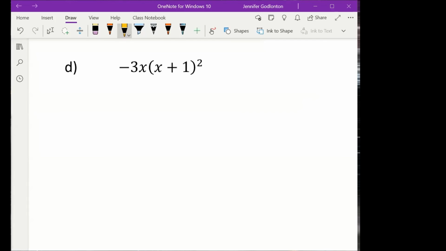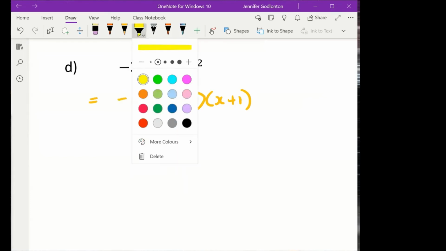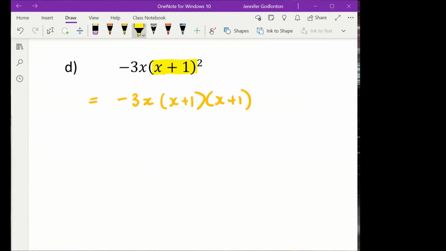Okay, I'm not going to do the full thing. Just for those of you who are struggling, I'm just going to write our next step out. All I've done is taken this binomial that was being squared and written it out twice. That's the only thing I've done so far. Then the next thing we want to do is multiply those binomials.